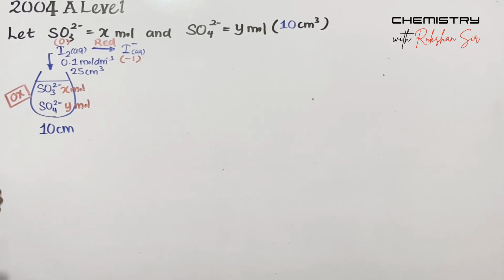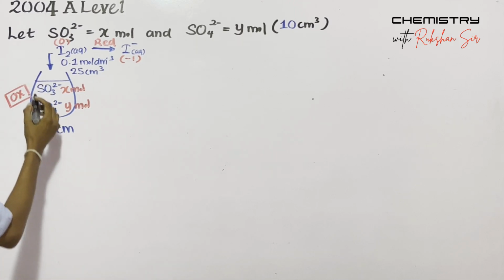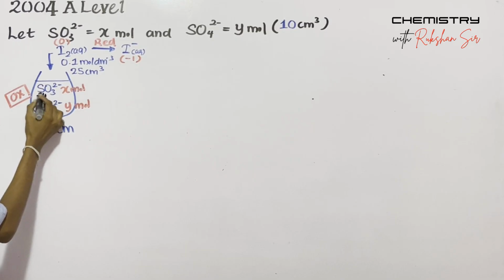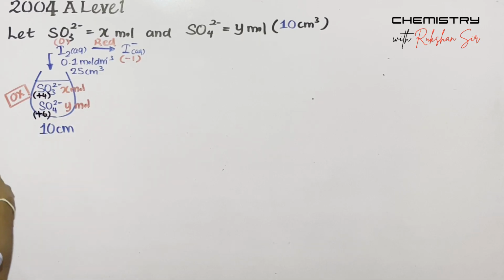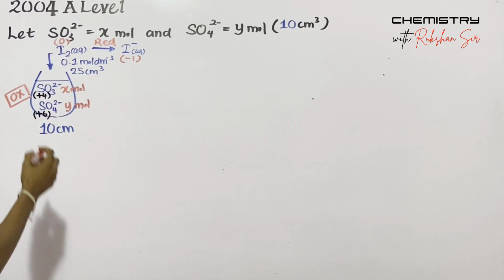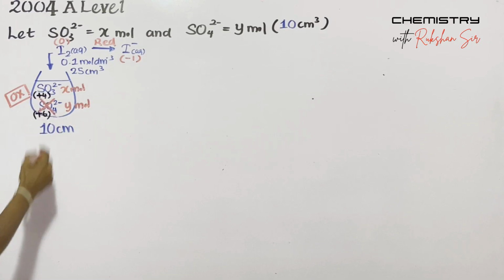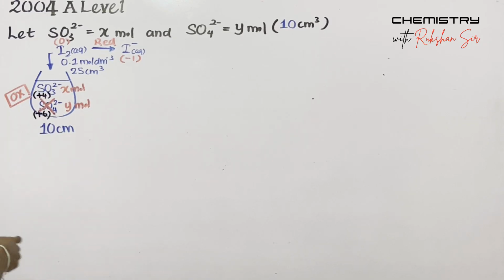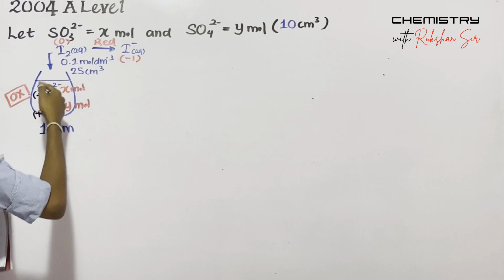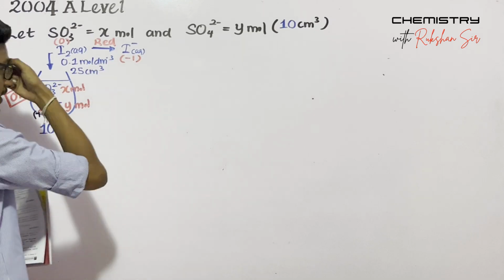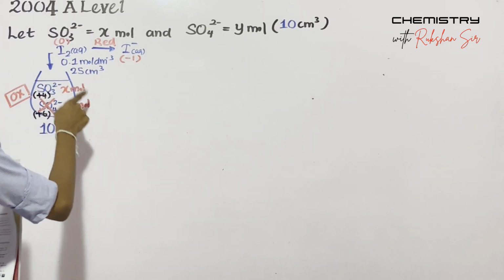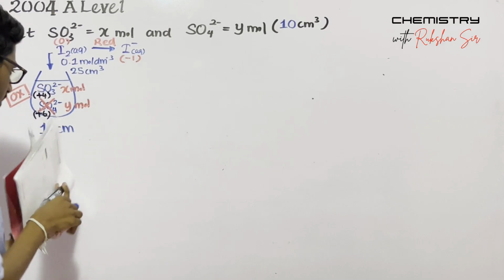When it comes to oxidation states, sulfur here is +4 and sulfur here is +6. As sulfate has sulfur in its highest oxidation state, sulfate can't get oxidized. So the reaction here is actually between I2 and SO3 2- to produce I minus, and SO3 2- will oxidize to SO4 2-.